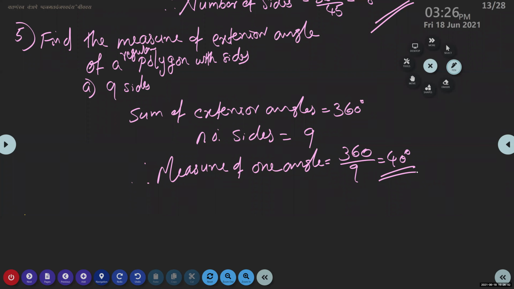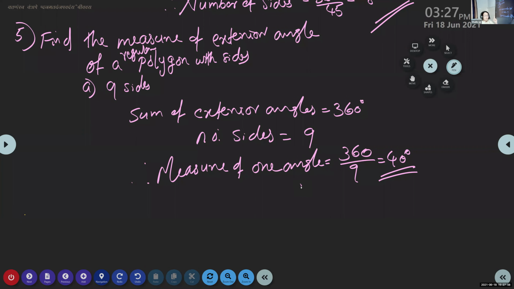Sides are given and it is a regular polygon. For any regular polygon, all the angles, both exterior and interior, and all sides are equal. We know that the sum of exterior angles is 360 and there are 9 sides, which means there are 9 angles.